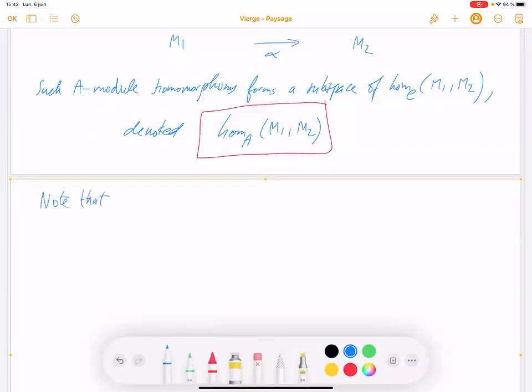Note that a composition of such homomorphisms is still a homomorphism.